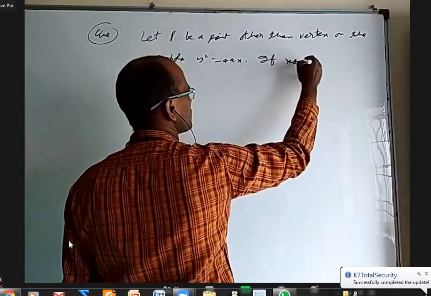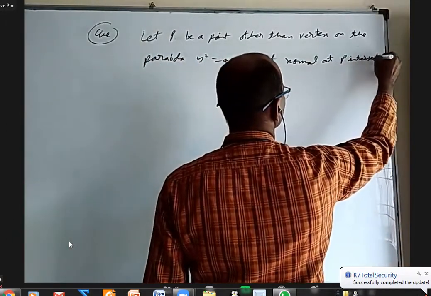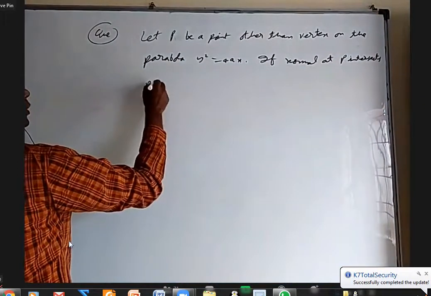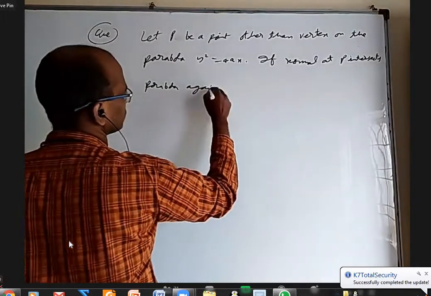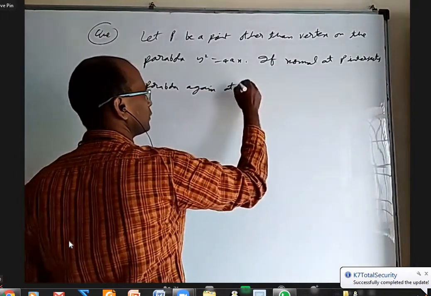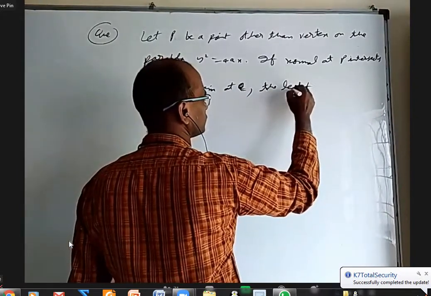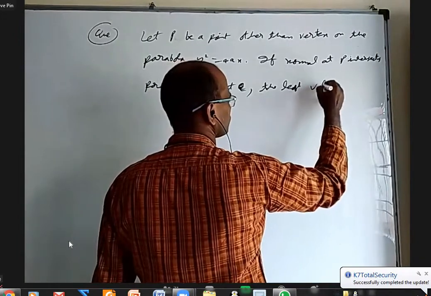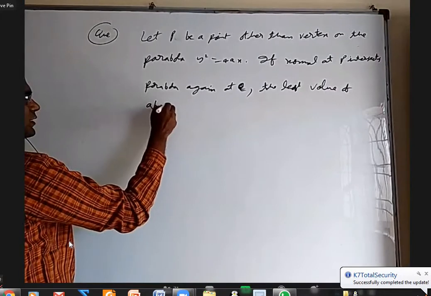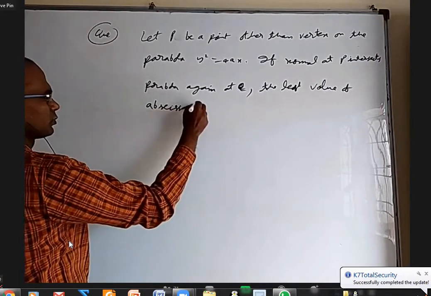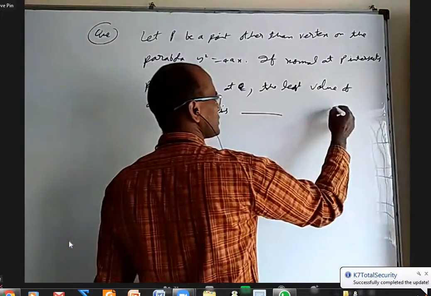If the normal at P intersects the parabola again at Q, the least value of the abscissa of Q, the x coordinate, is dash, and the answer is 8a.